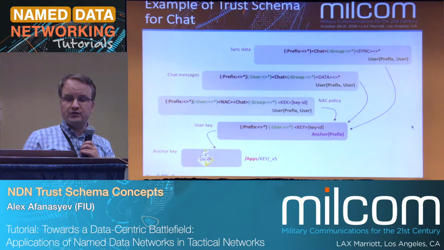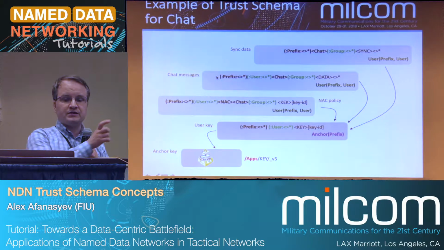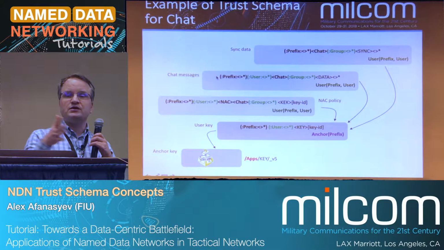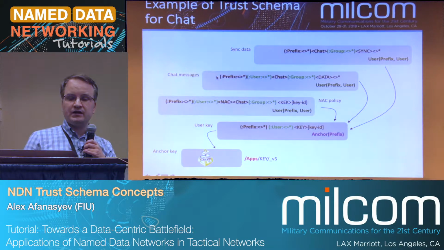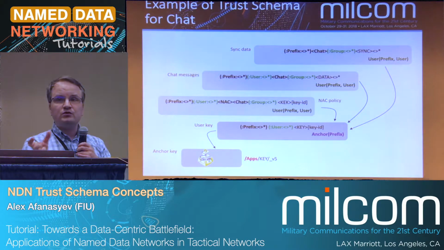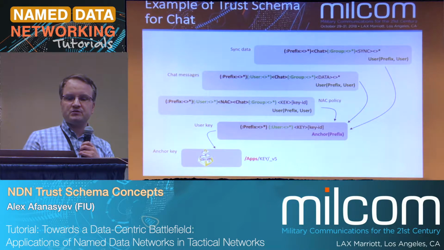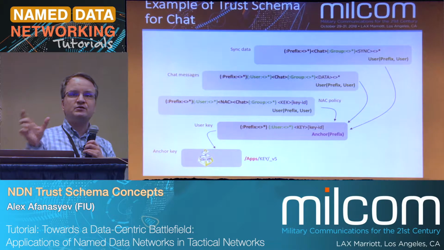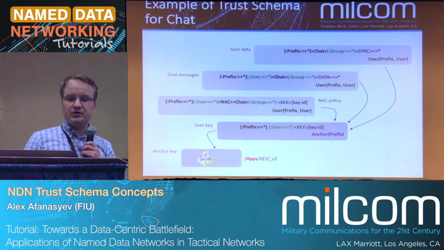So if you go for, let's say, chat messages, there's a naming that would match the messages of the data being produced that have some prefix, some identification of the user, identification of the application, a group that this chat message belongs to, and some other information. And this chat message has to be signed specifically by the user's key.